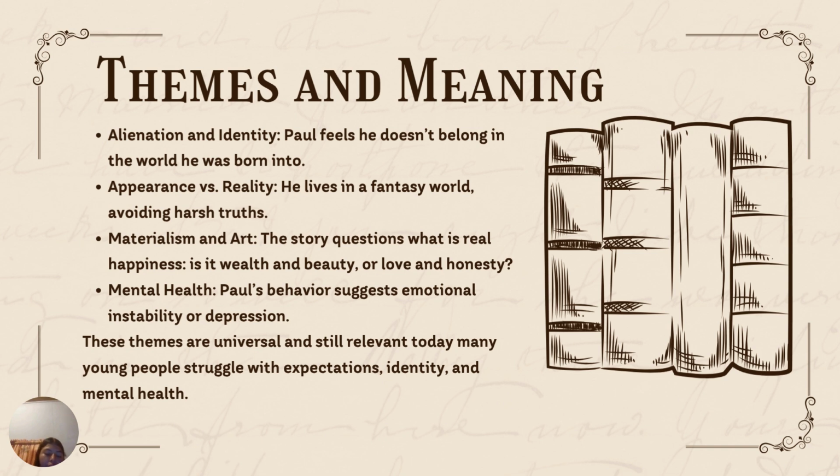Is it wealth and beauty or love and honesty? And mental health. Paul seems to experience emotional instability or depression. These themes are universal and still relevant today. Many young people struggle with expression, identity, and mental health.